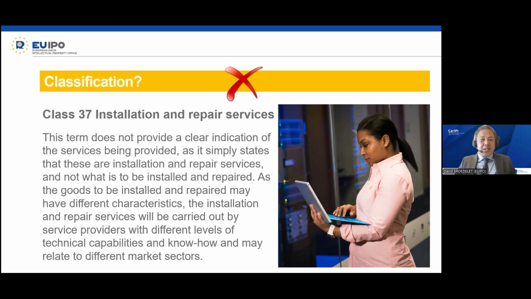And then depending on what it is, a different service provider offers the service. They can be a plumber, an electrician, or a software installer or a hardware installer, right? So all these service providers have different levels of technical capabilities, know-how, and they also belong to different market sectors.